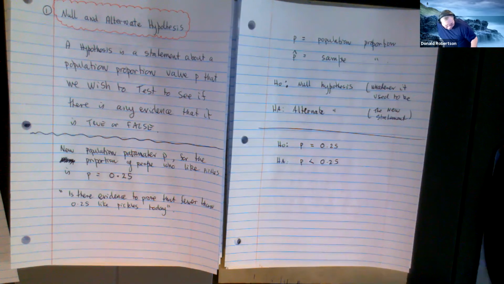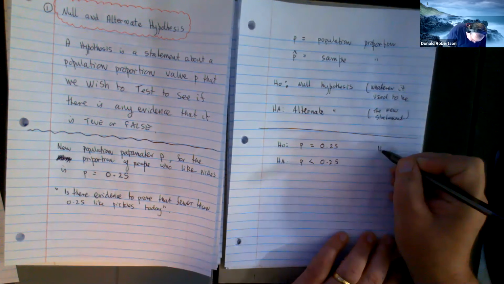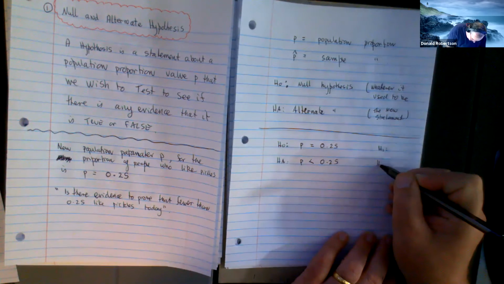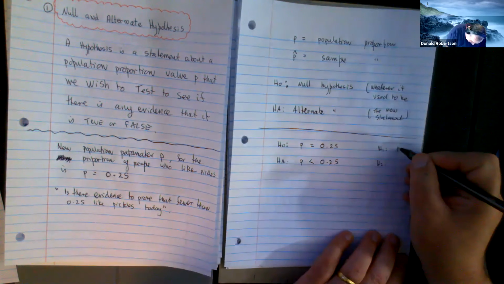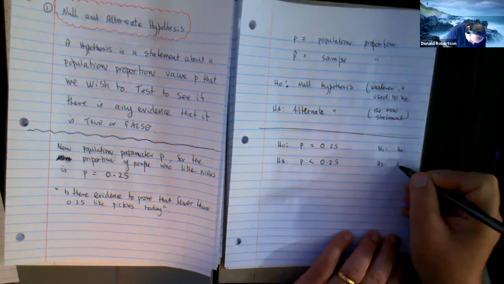And you know that H naught and HA, that is very common. I don't like this notation, but you might see it if you go looking. I've seen H1 and H2. I did not like that notation. This one I like a little bit better. I've seen these two called H0 and H1. That one I could live with.